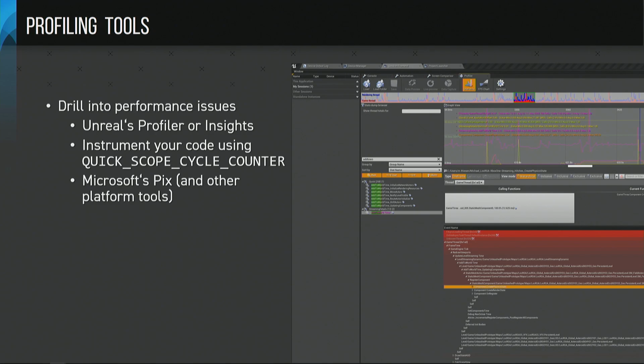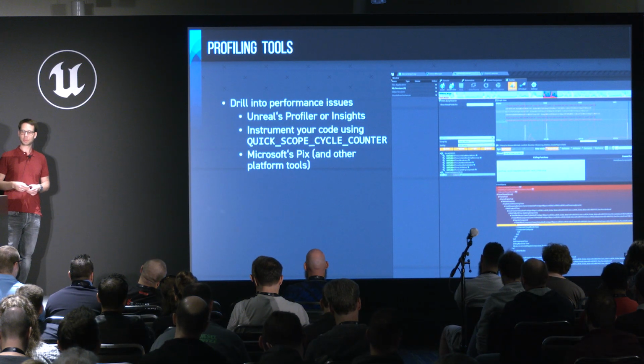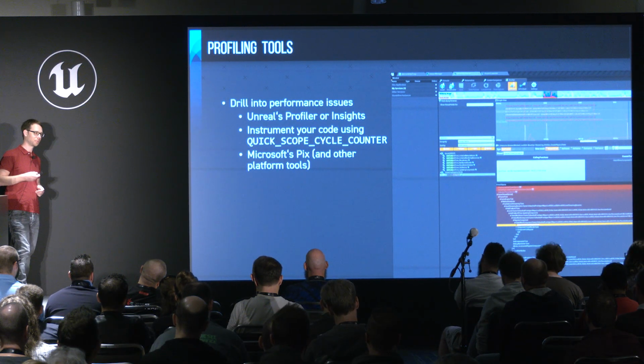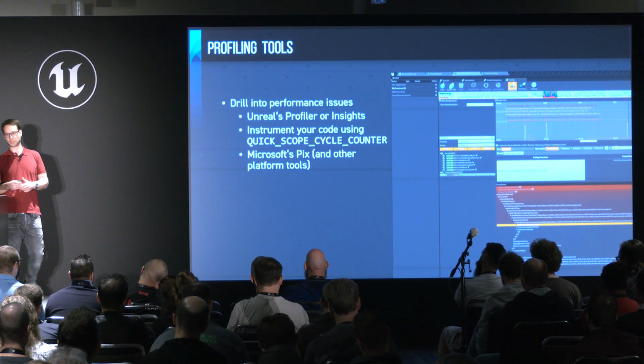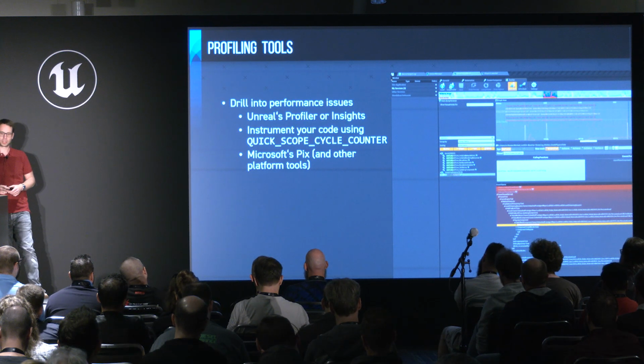For example, for our new project, we already have the guideline that in each tick function, so anything that runs every frame, you need to put these cycle counter macros there, so that we have a baseline of things that we can look at later when we potentially have performance issues. Sometimes these tools are not enough, and you also need something more platform specific, like Microsoft's PIX, for example, and use that to drill down even deeper into what's going on with the performance.